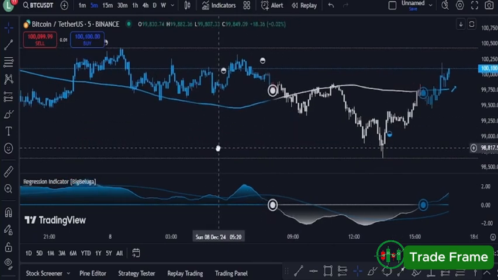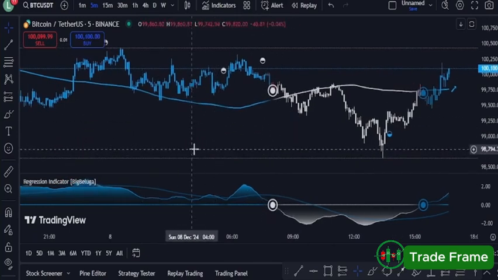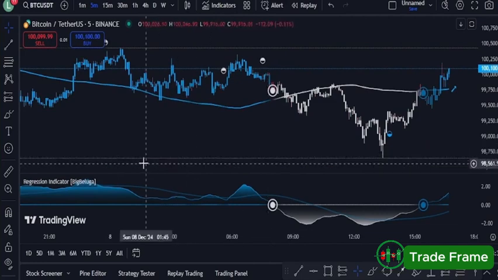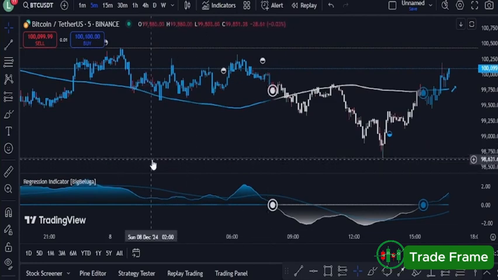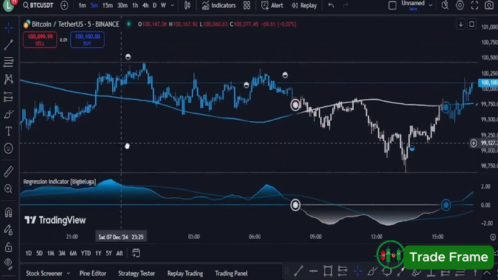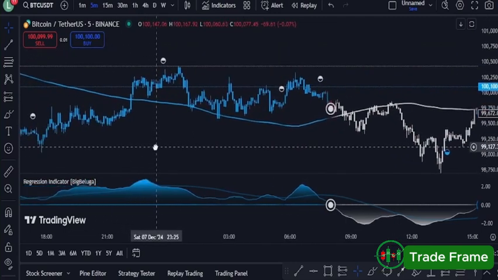Very well, this line that is placed on the price chart is our regression line, which behaves similarly to a moving average on the chart and interprets it for us.